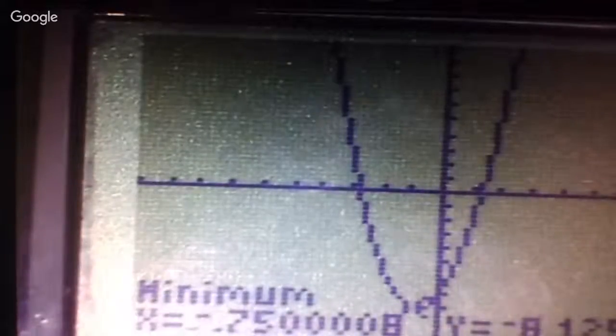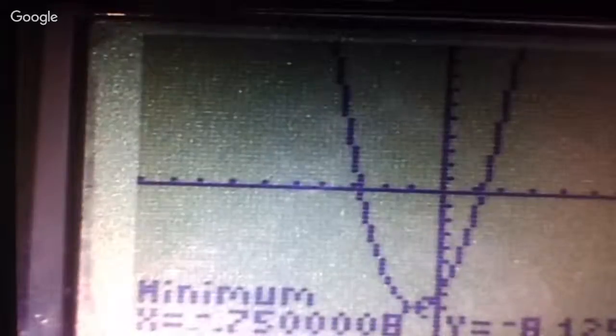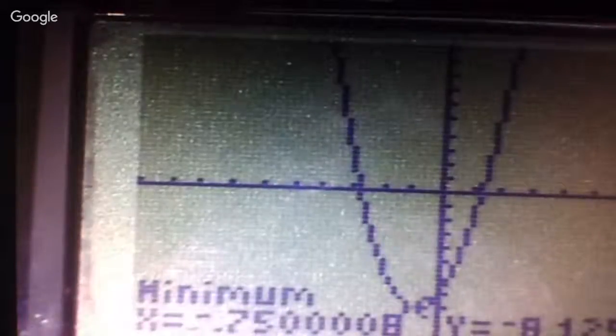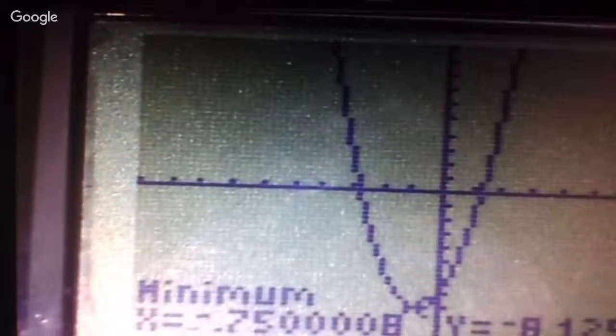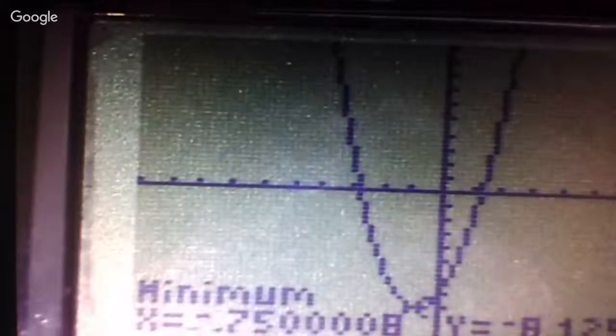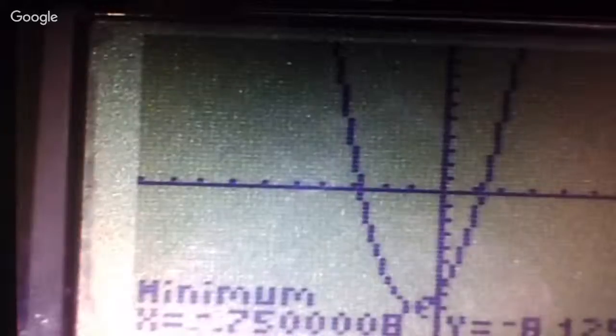It tells you you have a minimum. And your vertex is at -0.75, -8.1. So underneath where you wrote minimum on your vertex, I want you to put -0.75, -8.1.